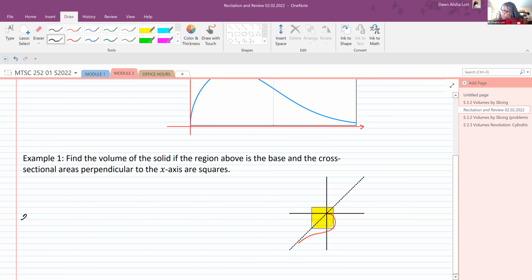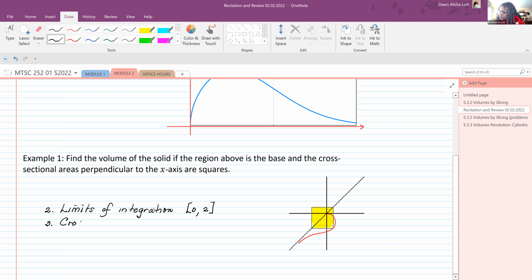So number 2, I need to find the limits of integration. So what are the limits of integration? 0 and 2. Good, from 0 to 2. Then I need to identify my cross-sectional areas.